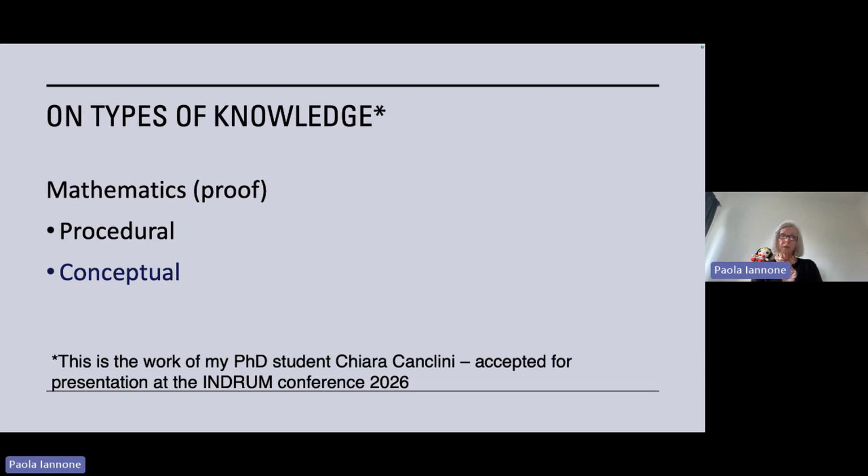This can be quite complex, and is by no means undesirable. We need a lot of procedural knowledge to be effective mathematicians. But mathematics education also talks about conceptual knowledge. We will see a bit more later what this is, but it is more like understanding and knowing what is going on.